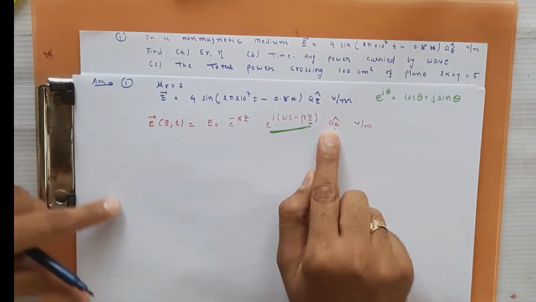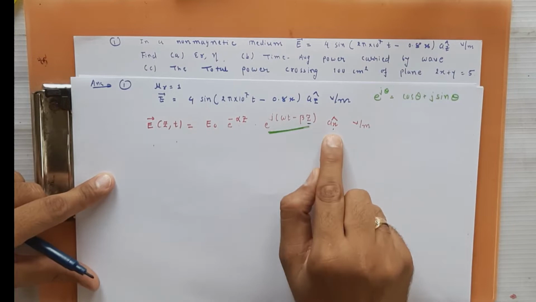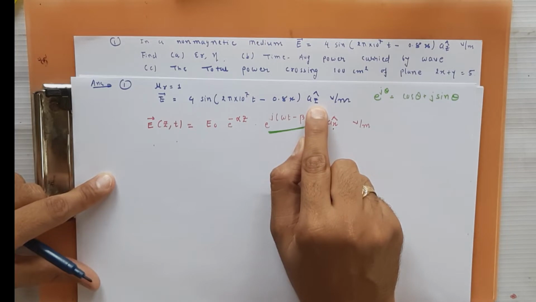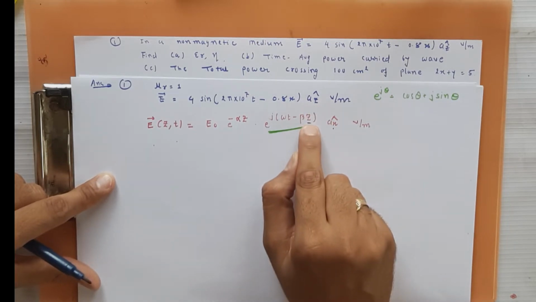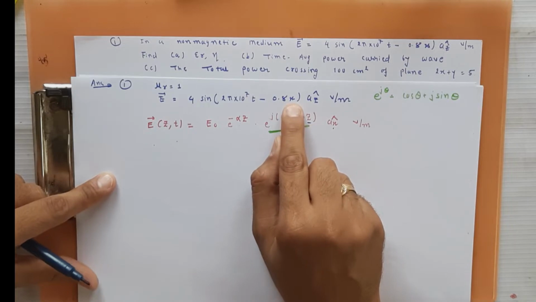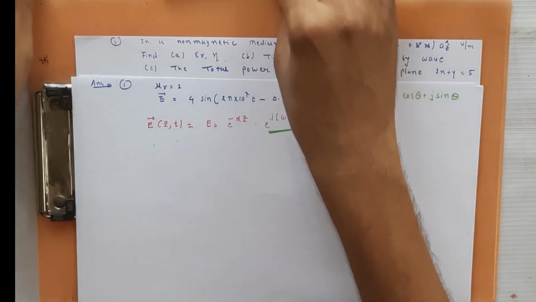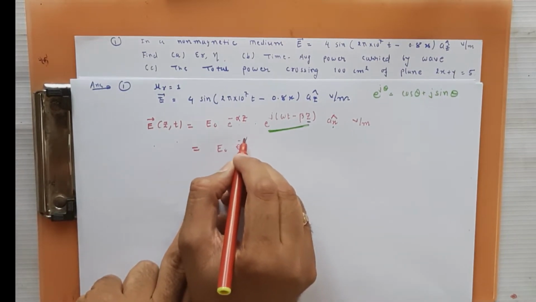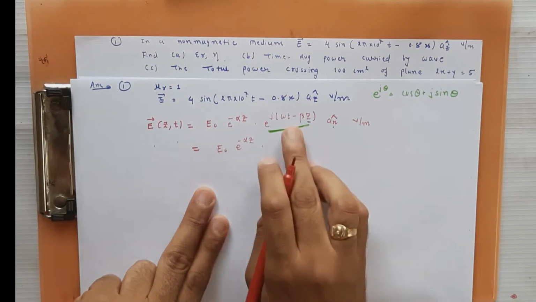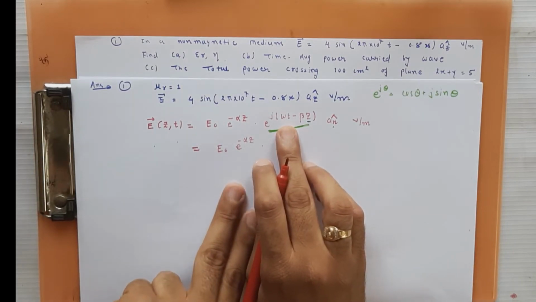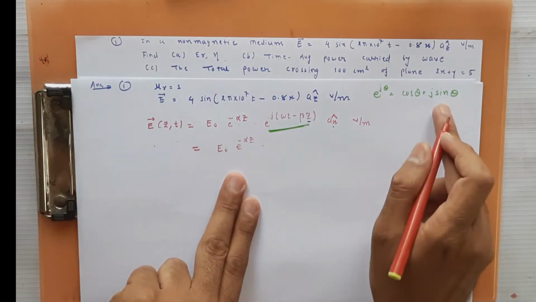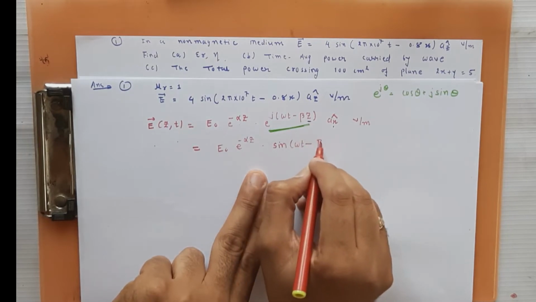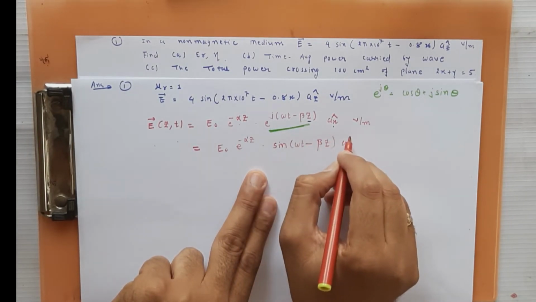In the standard equation the electric field is present in the x direction, but in our data the electric field is present in the z direction. The propagation direction here is the x direction in the standard equation, but in our question it is different. Suppose our electric field is a sine, meaning only the imaginary part is present: E0 e^(−αz) sin(ωt − βz) ax.